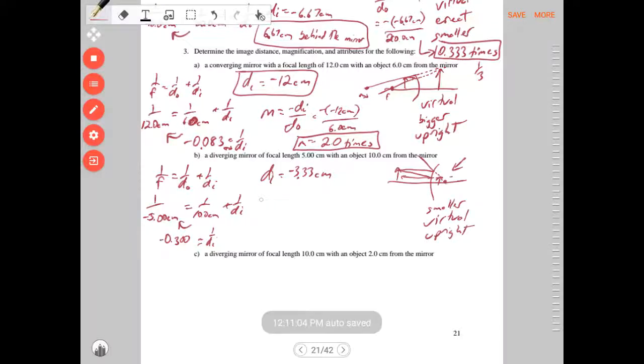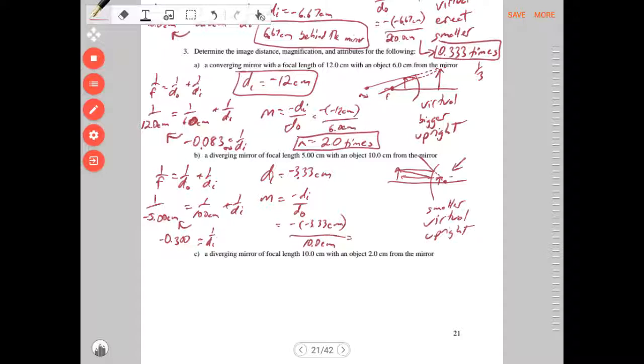Okay, and then of course magnification. Negative di over do. So negative 3.33 centimeters, divided by do, that was 10.0 centimeters.